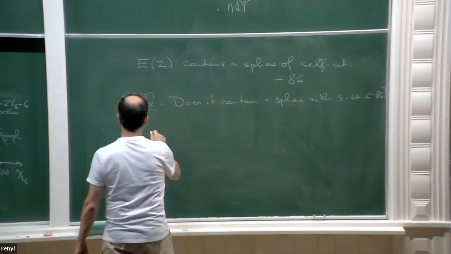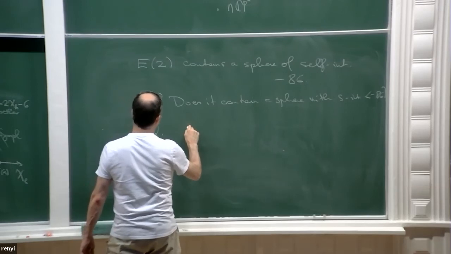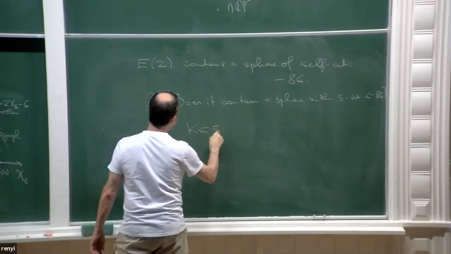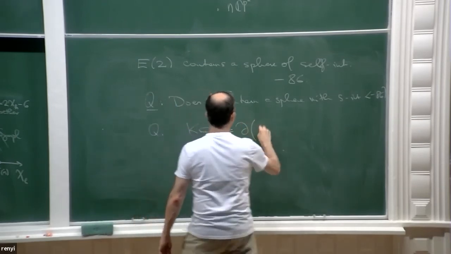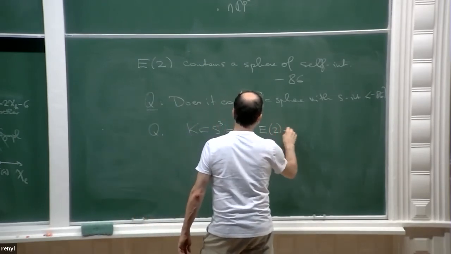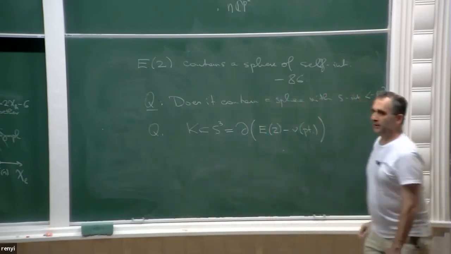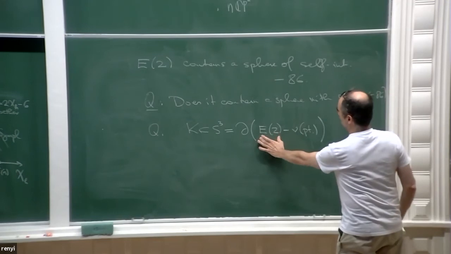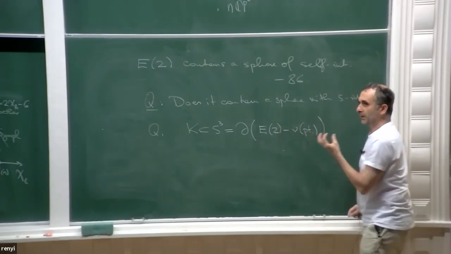And let me ask another question. So let's take a knot K in S3, where S3 is now viewed as the boundary of the punctured K3 surface. So just take out the tubular neighborhood of a point, namely an open disk.